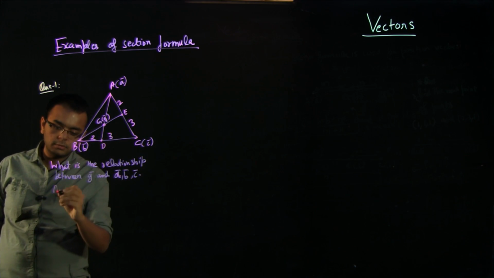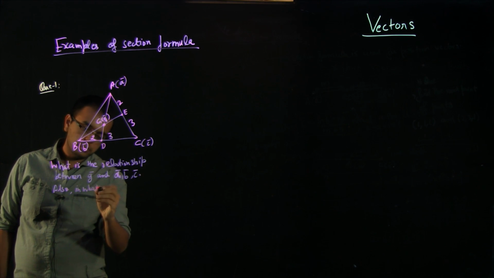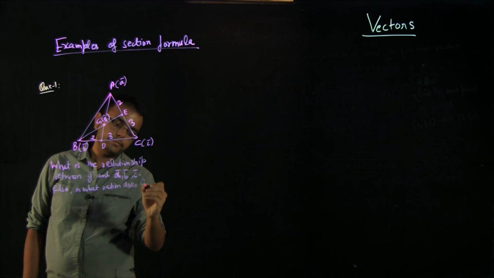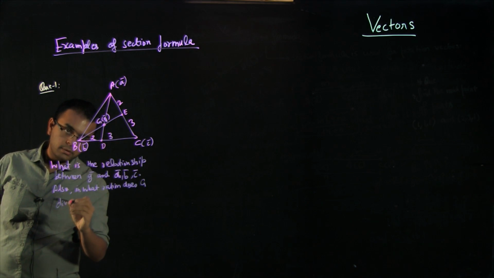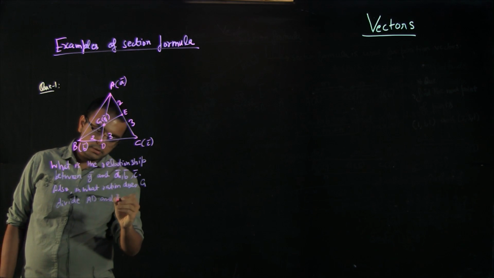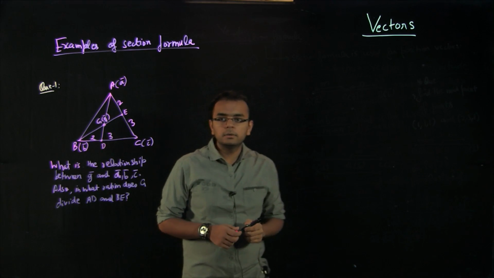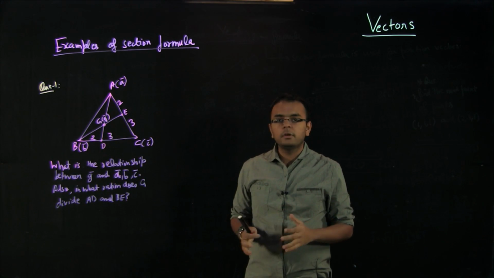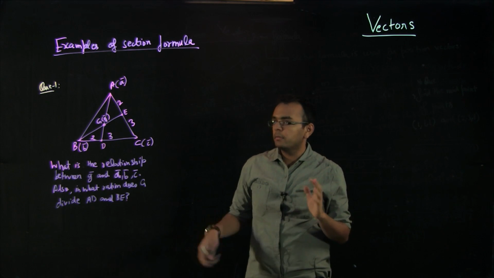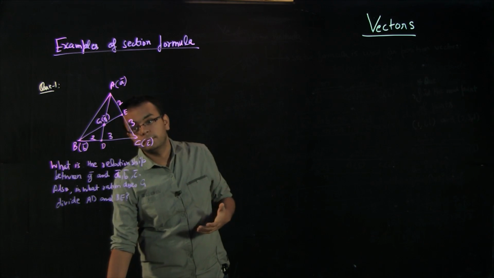Also, in what ratio does G divide AD and BE? This is a very classical example of section formula, and if you know how to solve this problem, it is very easy. Otherwise it could be pretty complicated, and you may even have trouble just starting the problem.